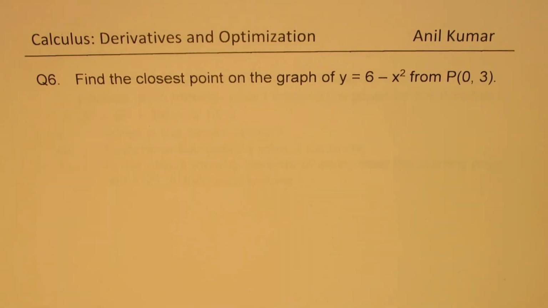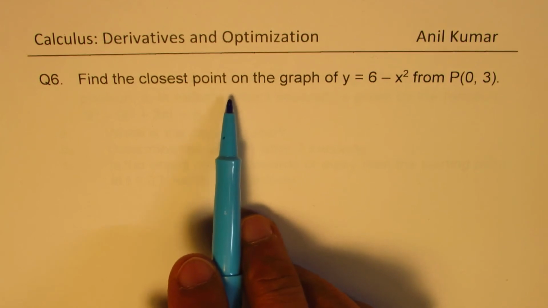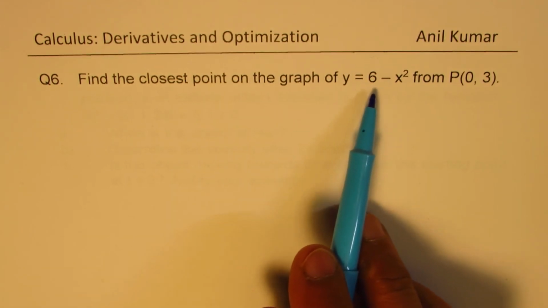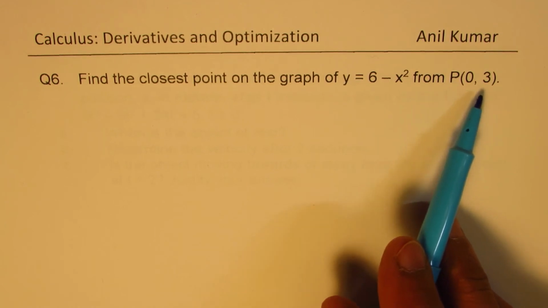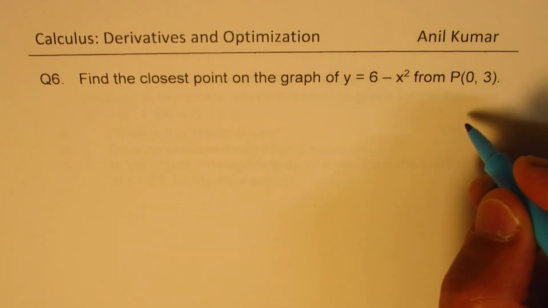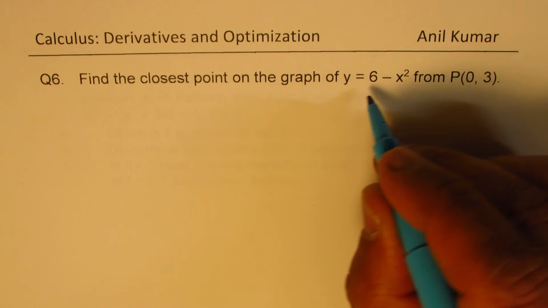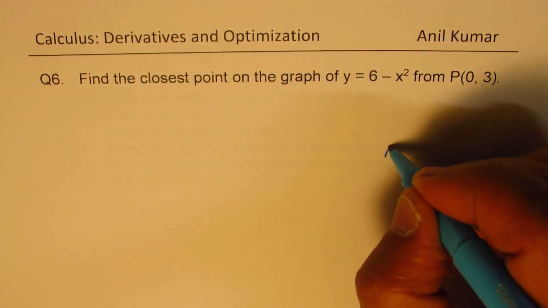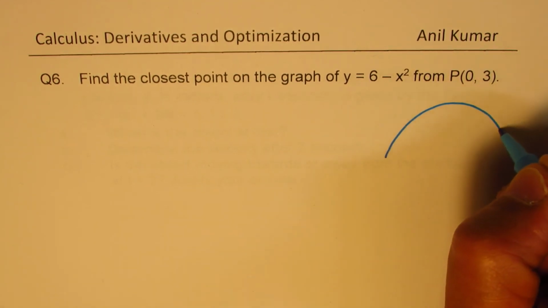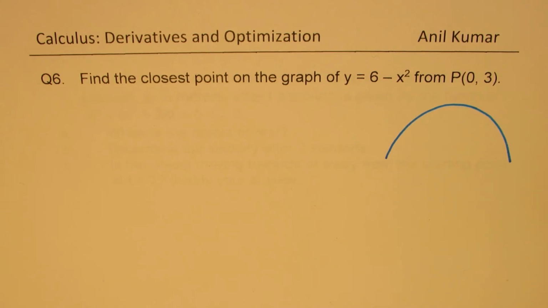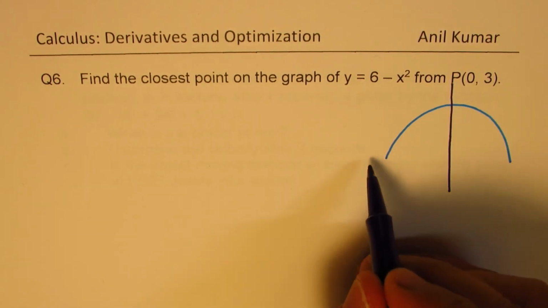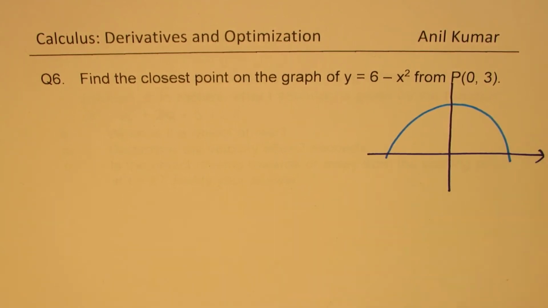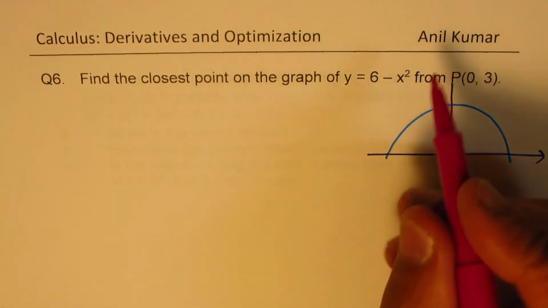Question number 6 is, find the closest point on the graph of y equals 6 minus x squared from P (0, 3). So let's try to understand the situation. This is a parabola which opens downwards. Let's make the axes.